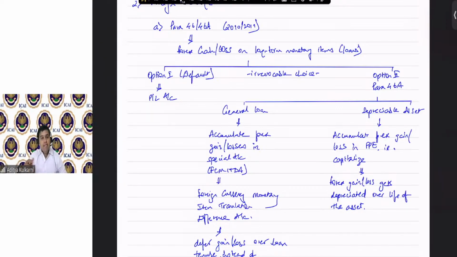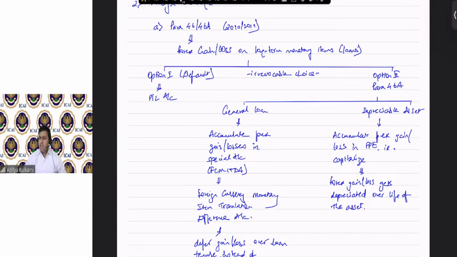Now tell me, is there any such clause in Ind AS 21?